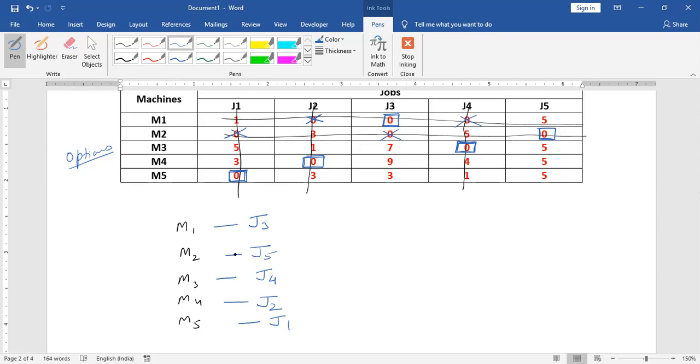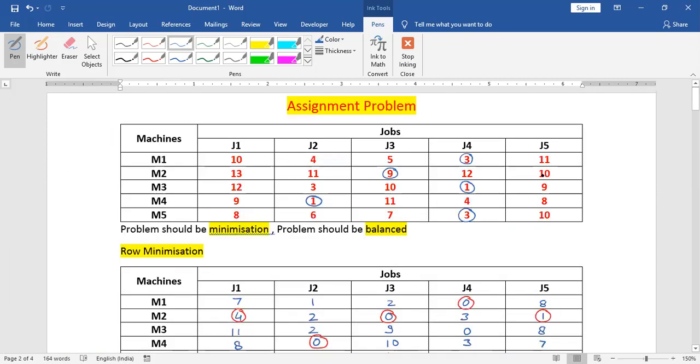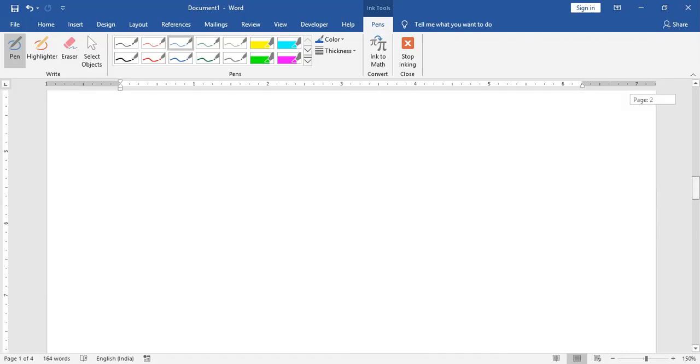If you look at the first table, M1 will get J3. That will take 5 minutes. From the first table, we will choose the corresponding timings.